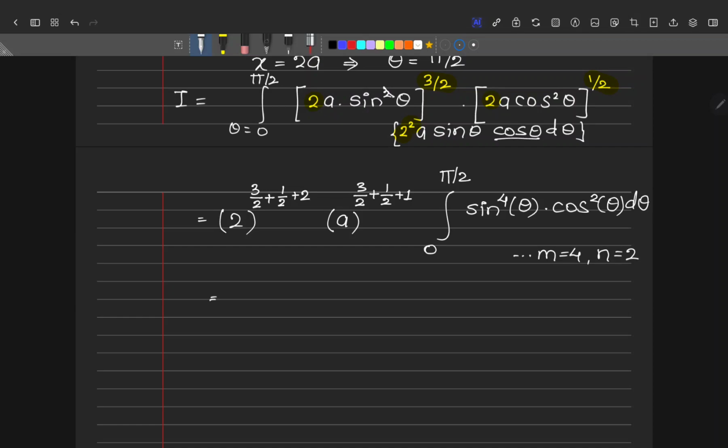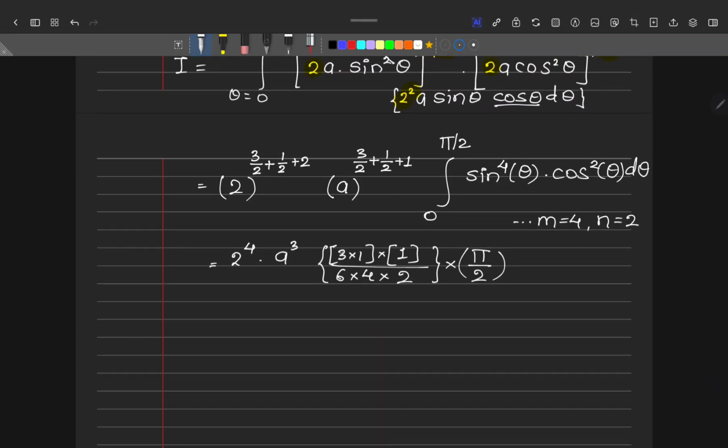So what do we get? It is 2 raised to 4, then a raised to 3, into the answer by the reduction formula. We start with m minus 1, which is 3 into 1, then n minus 1, which is already 1, so it is 6 into 4 into 2.